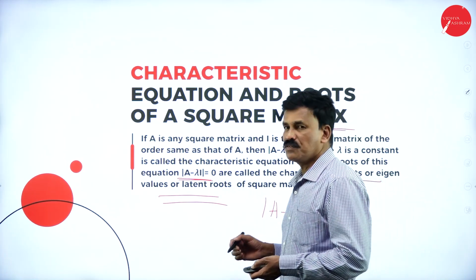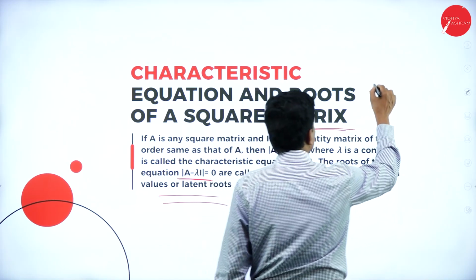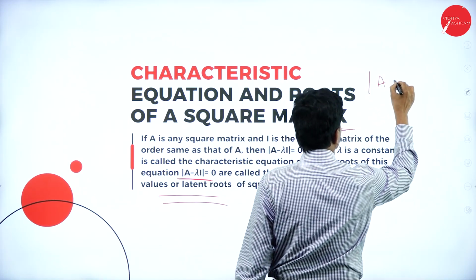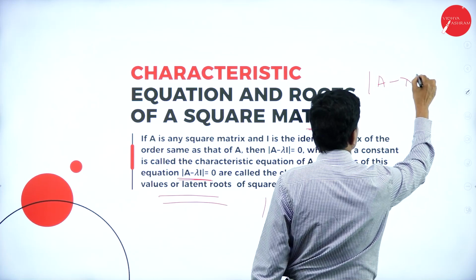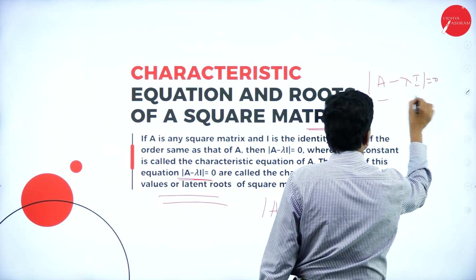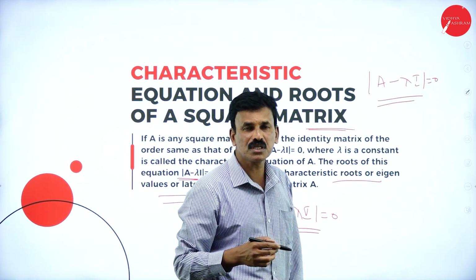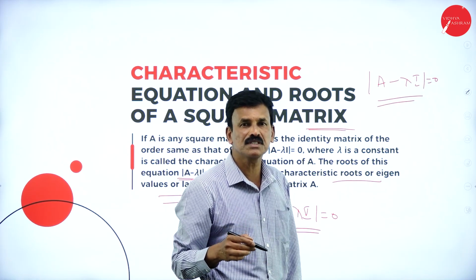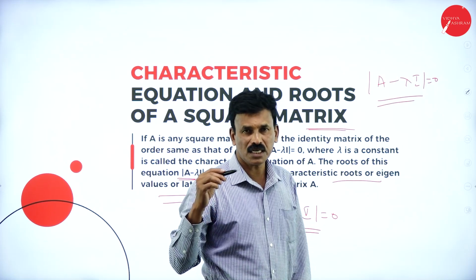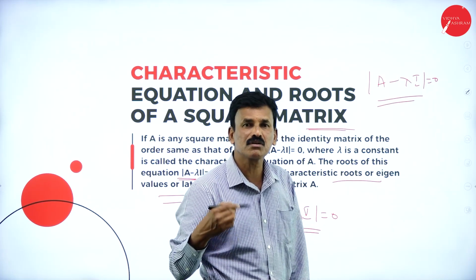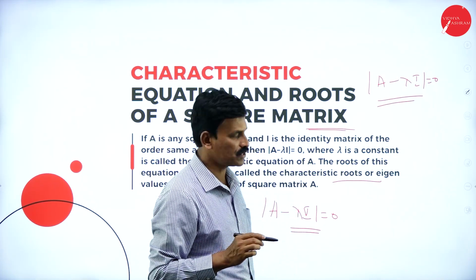So that means if A is any square matrix, then lambda is a constant, determinant of A minus lambda I is equal to 0 is called the characteristics equation, and the roots of this characteristics equation are called the characteristics roots, or the eigenvalues.